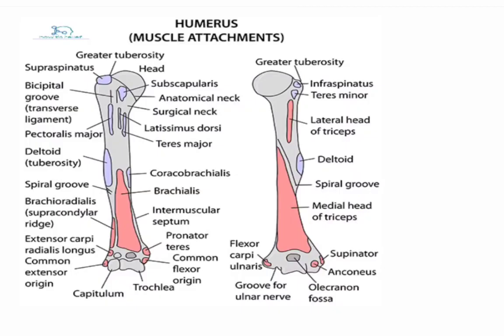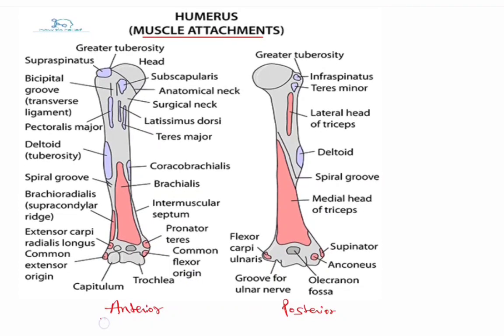Now the muscle attachments of the humerus bone. So the muscle attachments we have, like the deltoid tuberosity. The deltoid has its origin there. The blue one is origin, and the blue one is insertion, and the red one is origin.